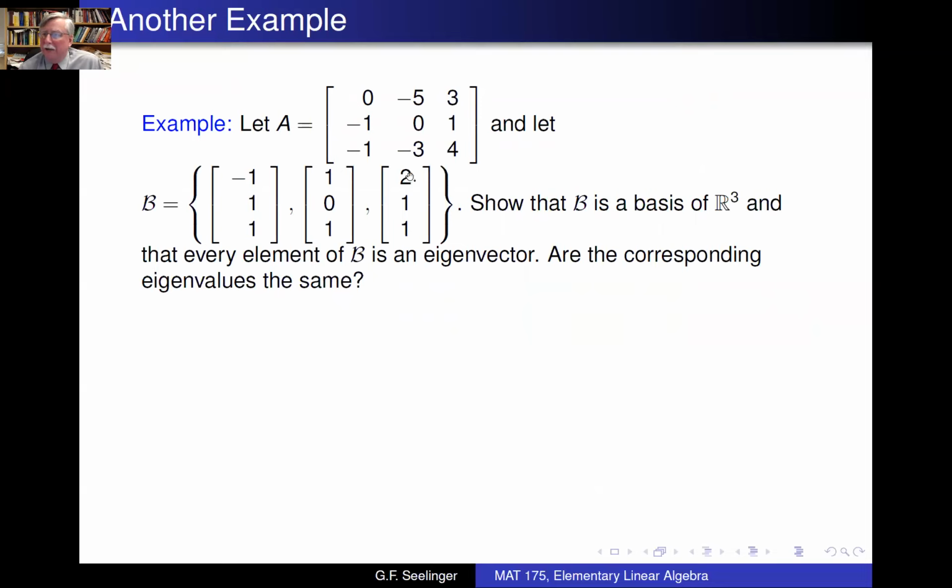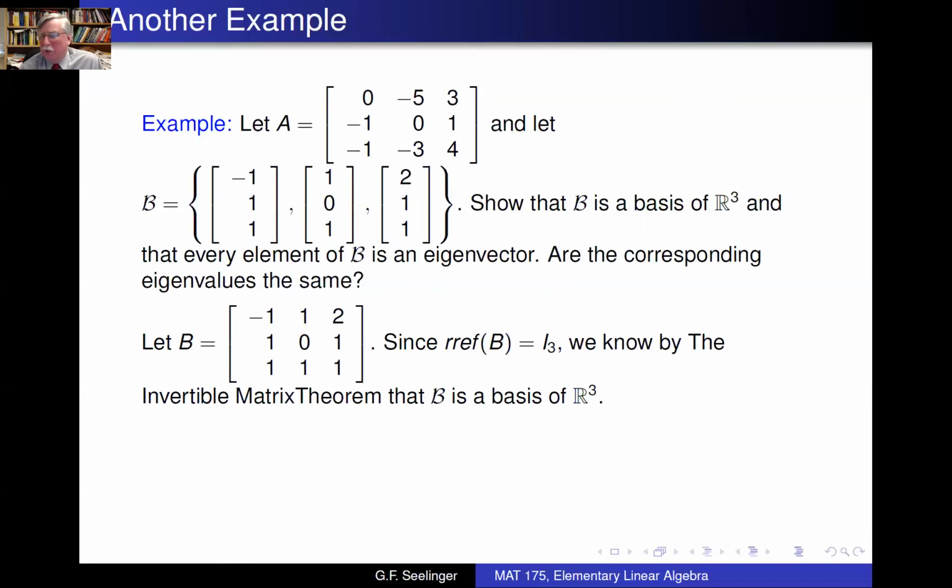So I have to take a look at this matrix A. And I consider this triple of column vectors B. Show that B is a basis of R3, and that every element of B is an eigenvector. And then we can take a look at the corresponding eigenvalues.